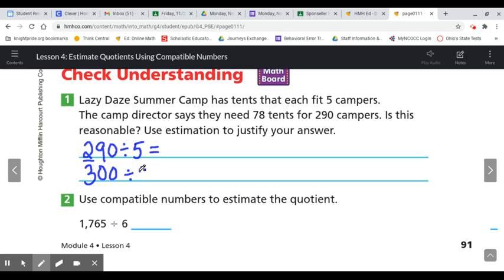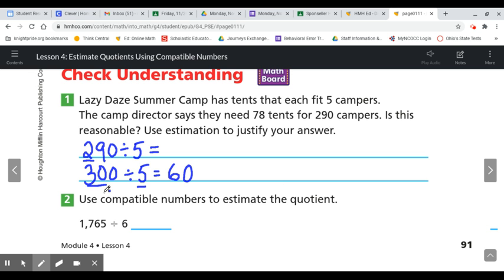So if I solve 300 divided by 5, I can use a basic fact, which would be 30 divided by 5. And 30 divided by 5 is 6. And then we have one more 0 from our 300, so it would be 60.